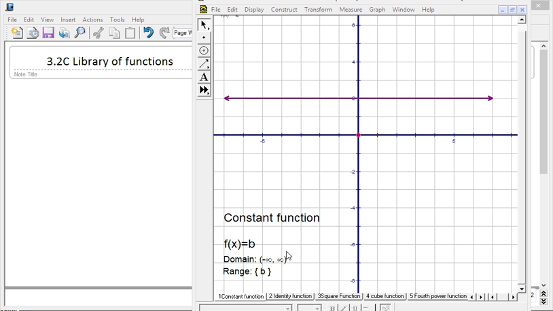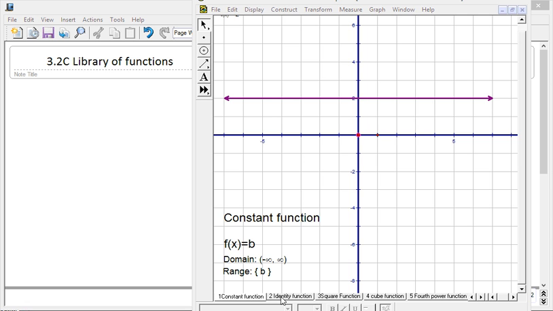And basically, it's a horizontal line, right? So the domain of this is all real numbers, because x can be any number, but y is only whatever b is. So in this case, the whole range for this one would be 2. But whatever b is, that's your range. Okay, so this is the constant function.